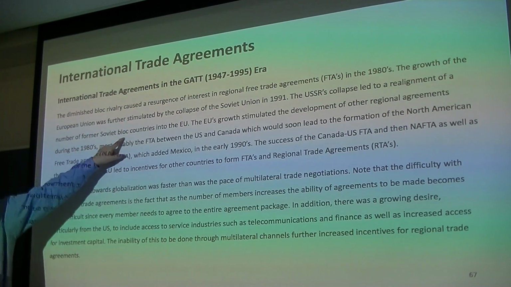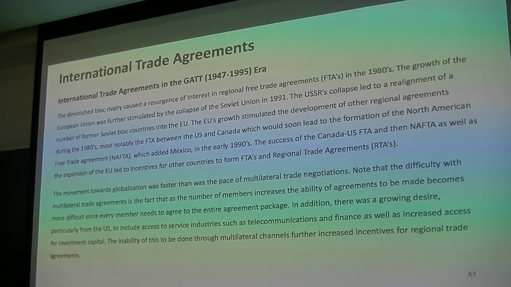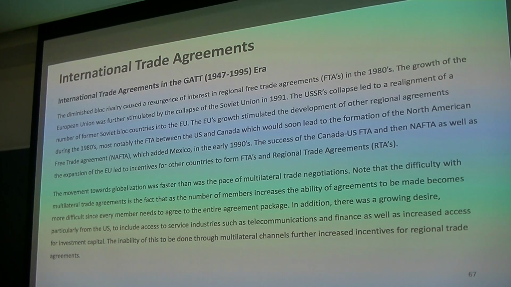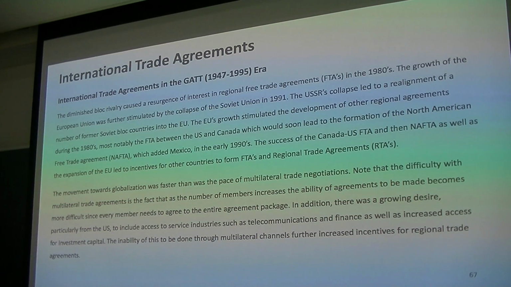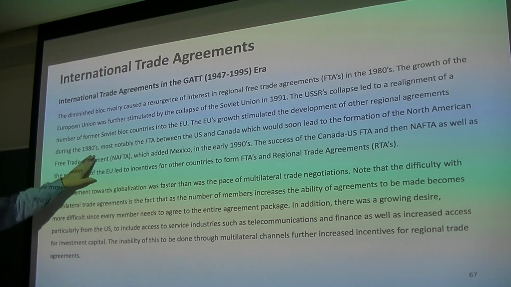Many of the former Soviet bloc countries, such as Czechoslovakia, which became the Czech Republic and the Slovak Republic, Poland, Hungary, Romania, Bulgaria, Latvia, Estonia, Lithuania, had either been part of the Soviet Union or part of the Comintern bloc, the Soviet trading bloc, and those countries joined the European Union.